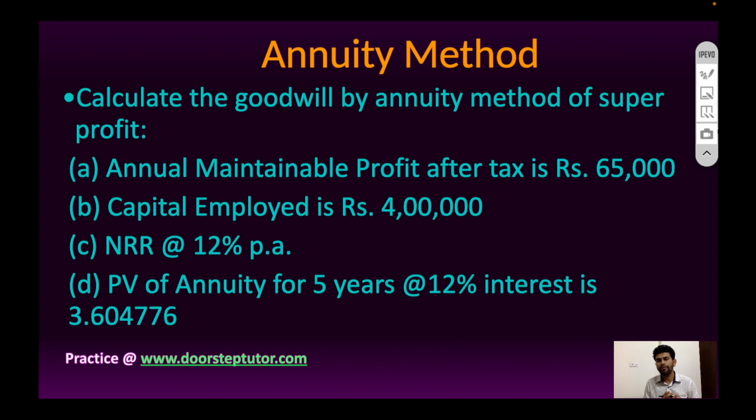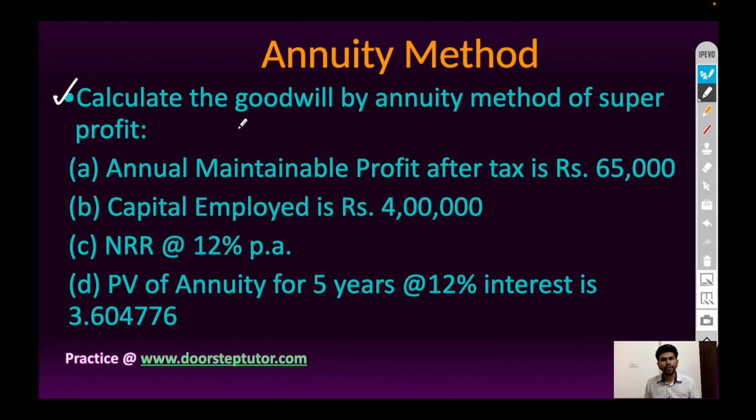Let's calculate the valuation of goodwill under annuity method by using a different formula. Calculate the goodwill by annuity method of super profit. Annual maintainable profit after tax is given 65,000 rupees. This is nothing but average profit. Capital employed is given. This is total investment in the business. Normal rate of return is 12% per annum.